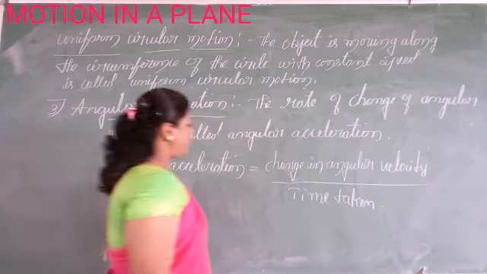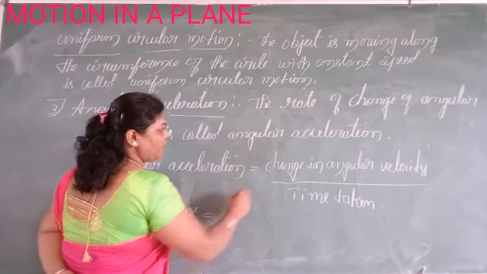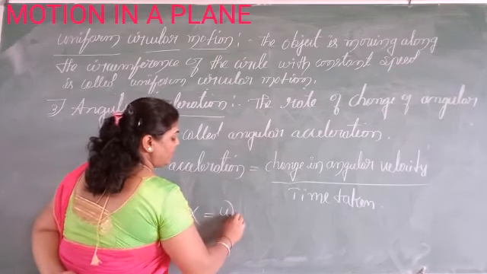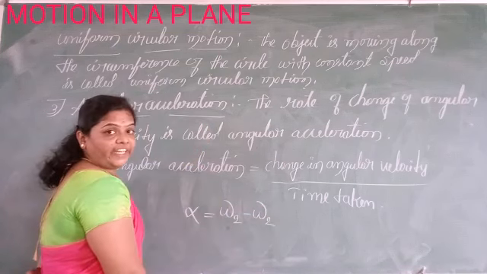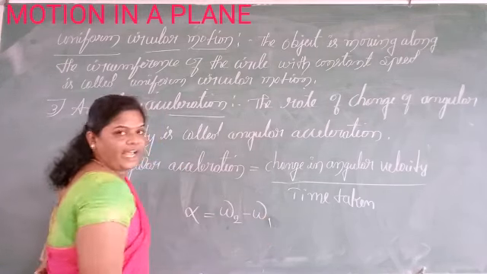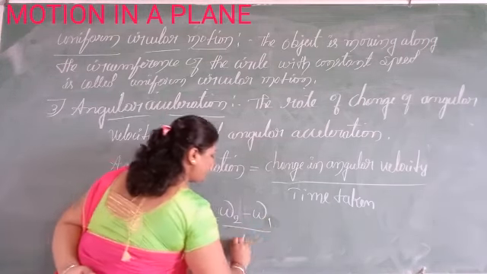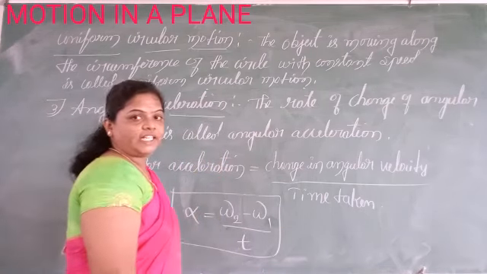The angular acceleration is represented by the letter alpha, that is equal to omega 2 minus omega 1, where omega 2 is the final angular velocity and omega 1 is the initial angular velocity, with respect to time. So this is the equation for the angular acceleration.